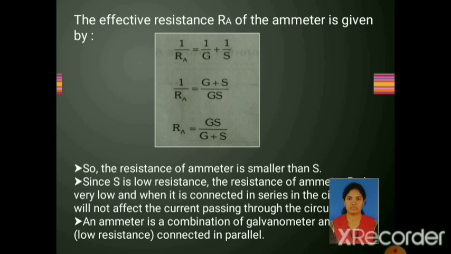Since the shunt resistance is low, the resistance of the ammeter Ra is very low, and when it is connected in series in the circuit, it will not affect the current passing through the circuit. An ammeter is a combination of a galvanometer and a low resistance shunt connected in parallel.